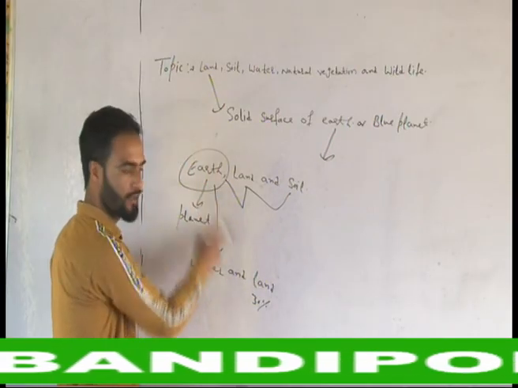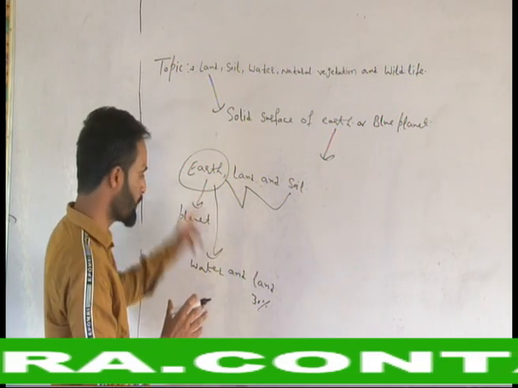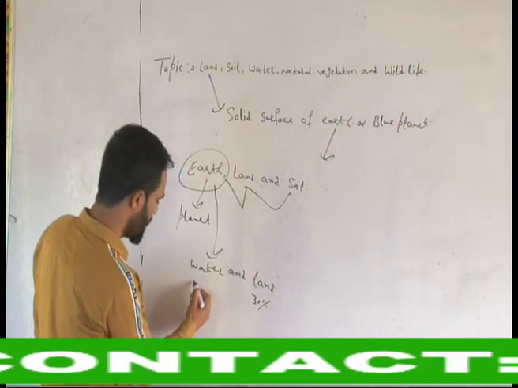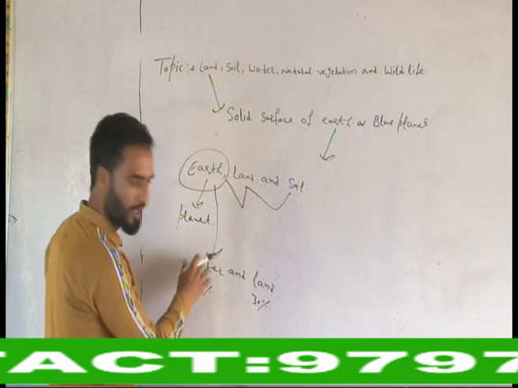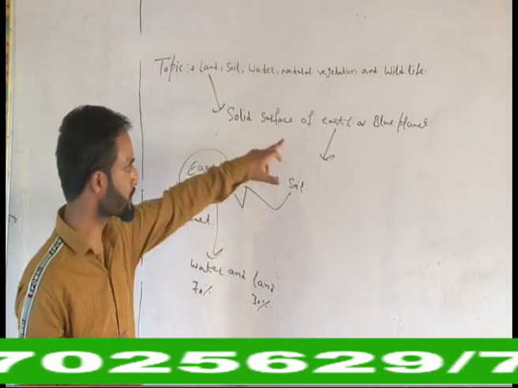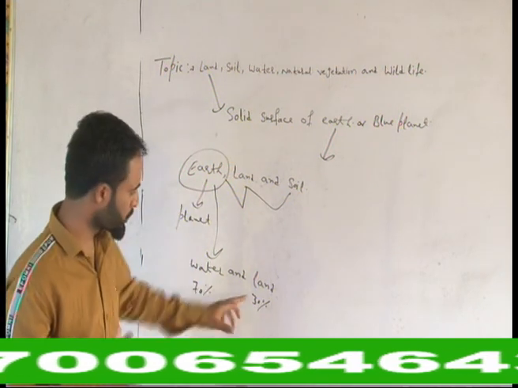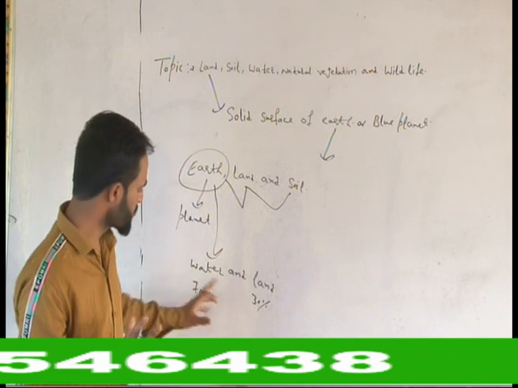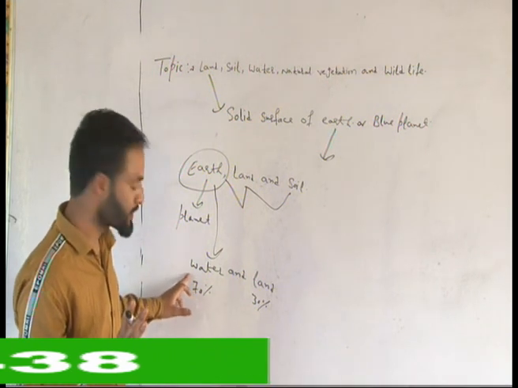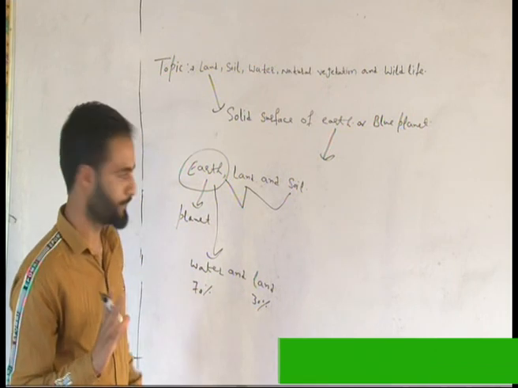Earth's whole area comprises 30% land and 70% water. And as I have already mentioned, the solid surface of Earth is called land. That means that one portion, this 30%, which doesn't contain water, which is not surrounded by water, is land.